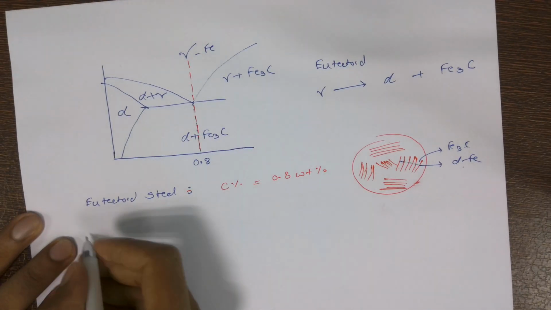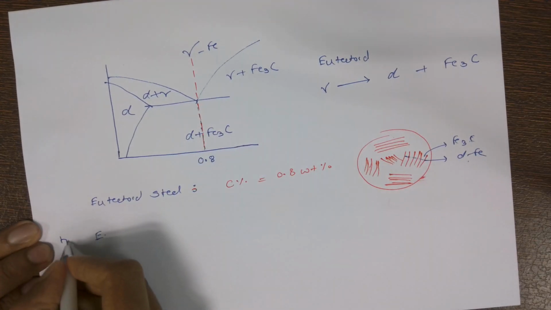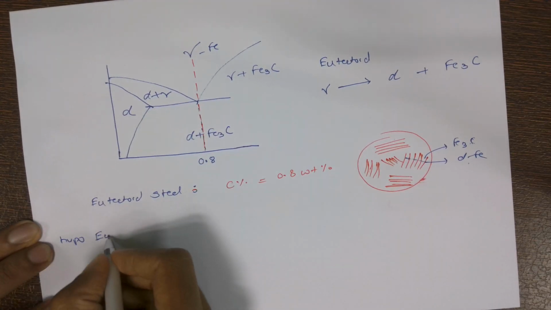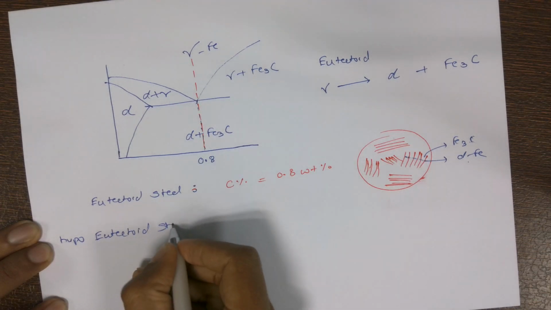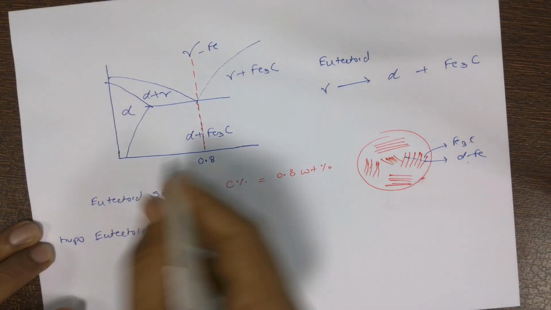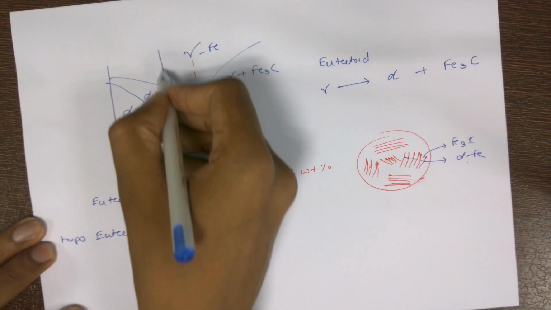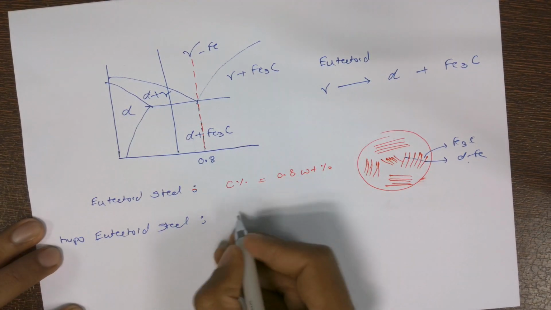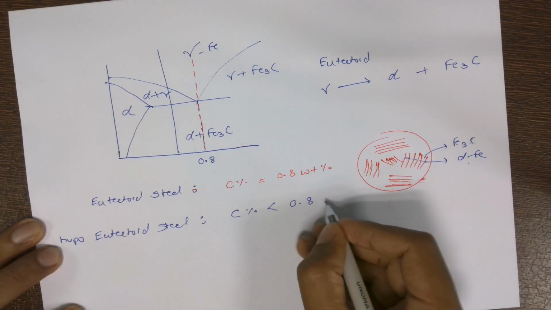Now for hypoeutectoid steel, we call it that when the concentration is less than 0.8. So the carbon percentage will be less than 0.8.